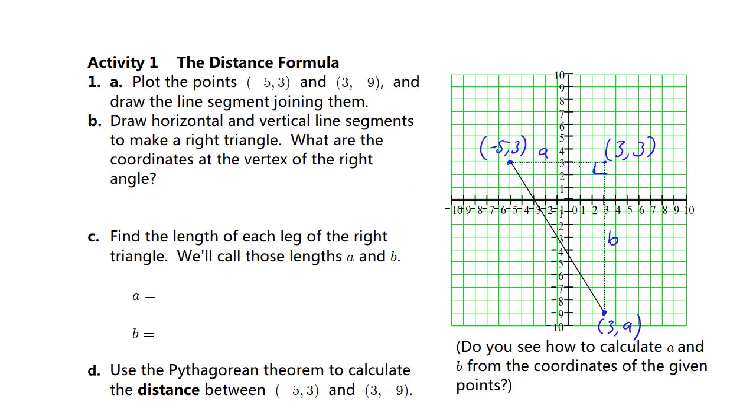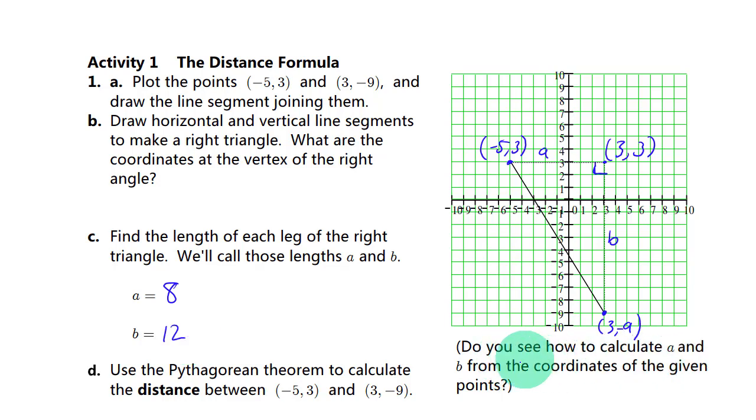So it's 8. You could just count it that way. And then B, you could count it. Oh, sorry, that's supposed to be -9. You could count up 9 here, and then up 3 more. You would count 12 units. So those are 8 and 12.